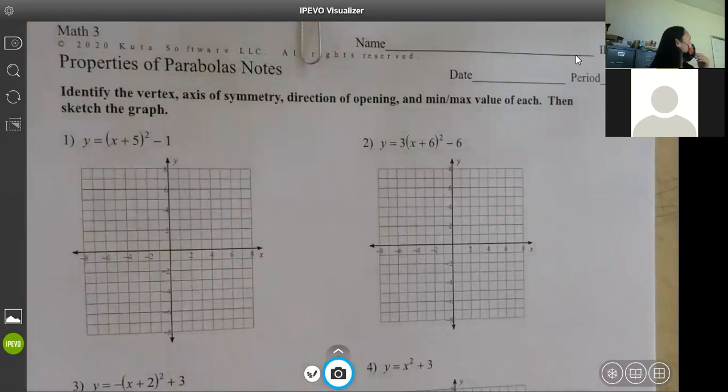It's real close to the back. Did you find it? Sorry, hang on. You need some help? Sure. You have it here? Oh, this is the wrong one. Hold on.